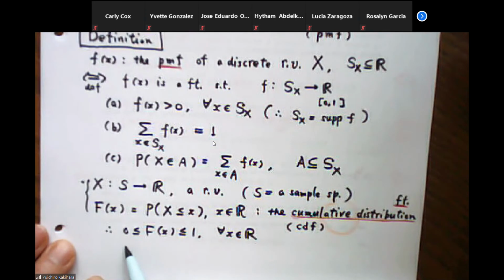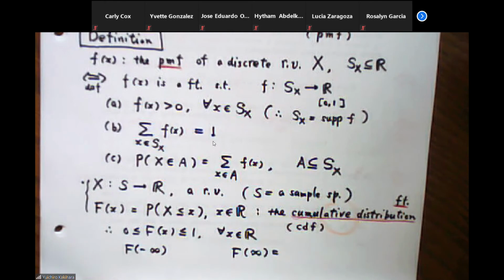What is the value at negative infinity? What do you think? Also, what is the value at infinity? Of course, these are not real numbers, but this is the idea. When x goes to negative infinity, what is the limit? That's what I'm asking.